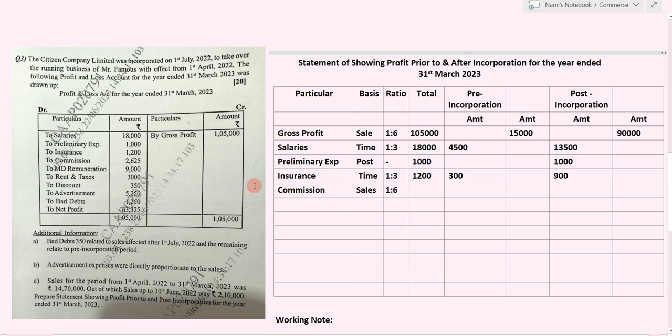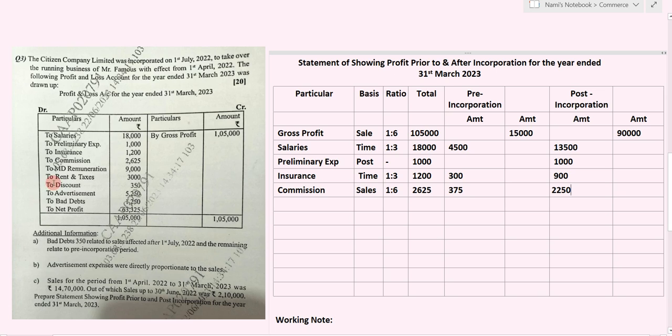The total commission is 2,625. Out of this, 375 belongs to pre-incorporation and 2,250 is of post-incorporation.